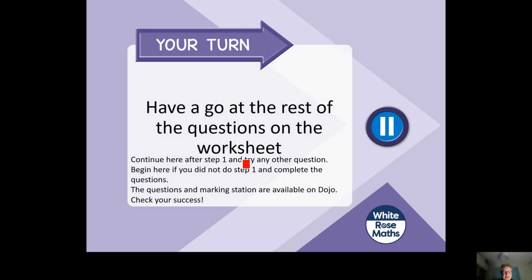If you're pausing here after trying the explores and you're just beginning here, then complete the questions. So just to remind you that step 1 was question 1 to 3, so you're doing the remainder of the questions. So good luck with that.